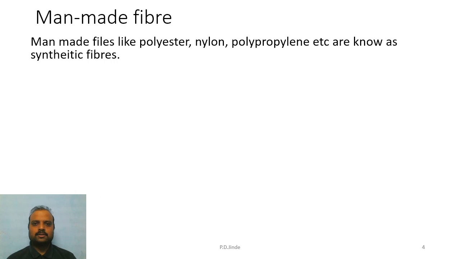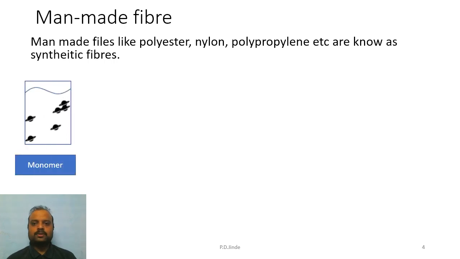Man-made fibers like polyester, nylon, polypropylene, polyethylene, polyacrylonitrile, polyurethane, and many more are generally called synthetic fibers. Most of the synthetic fibers are manufactured from the monomer.